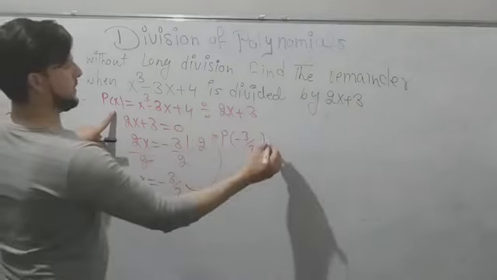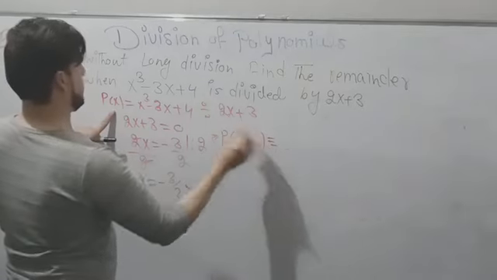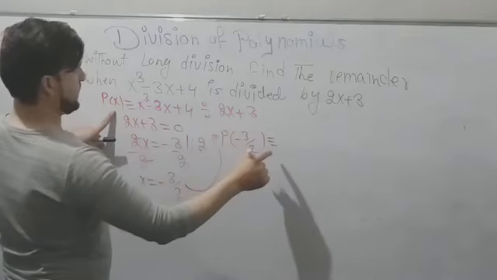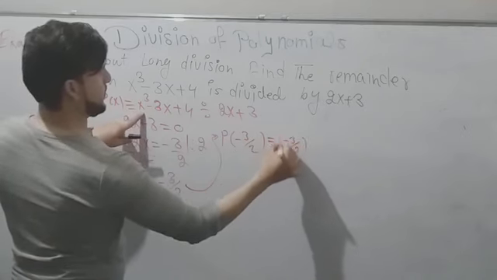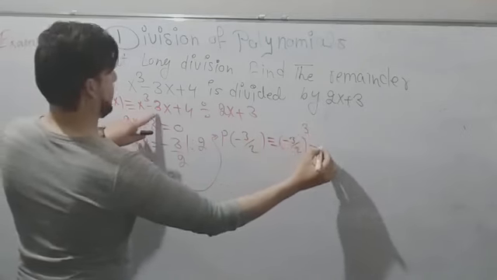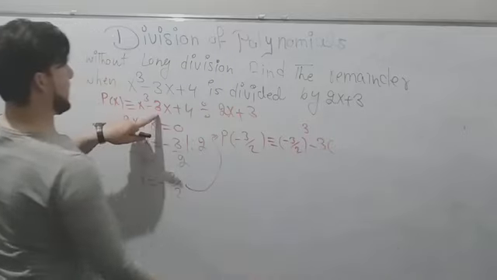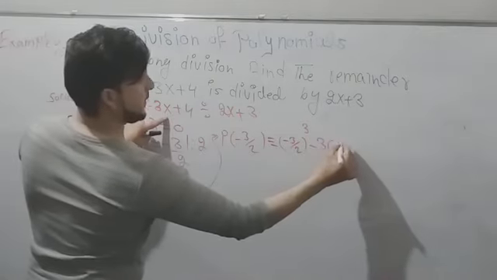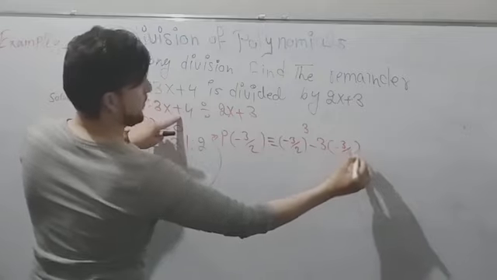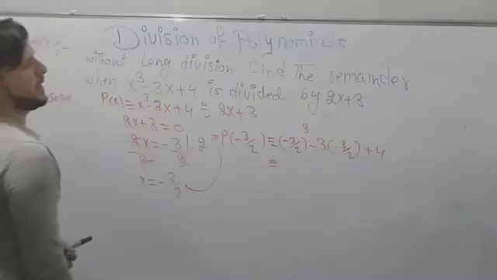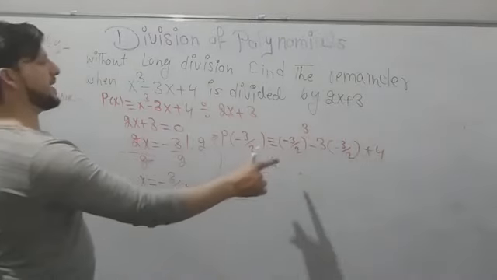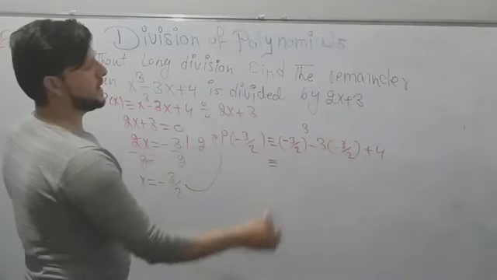p of negative 3 over 2 is equal to negative 3 over 2 to the power of 3, minus 3 multiplied by, instead of x, negative 3 over 2, plus 4. Now let's have a very short answer.